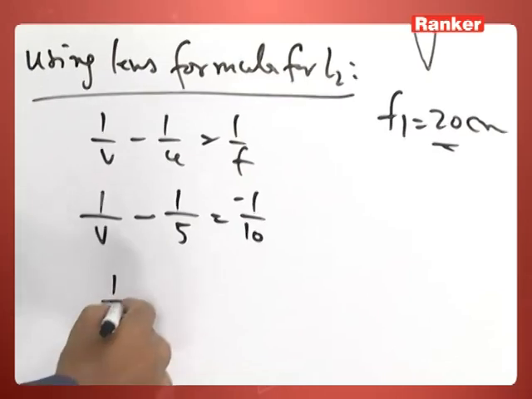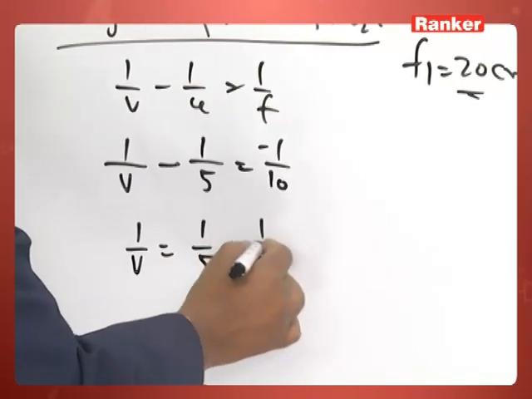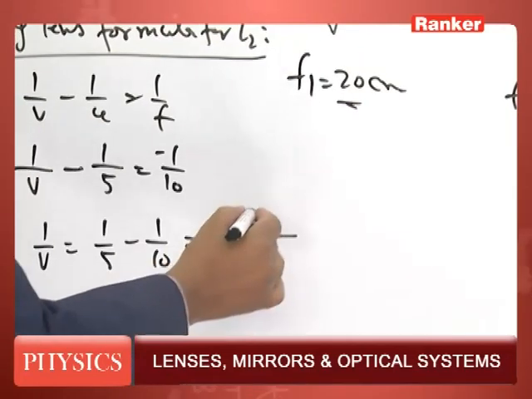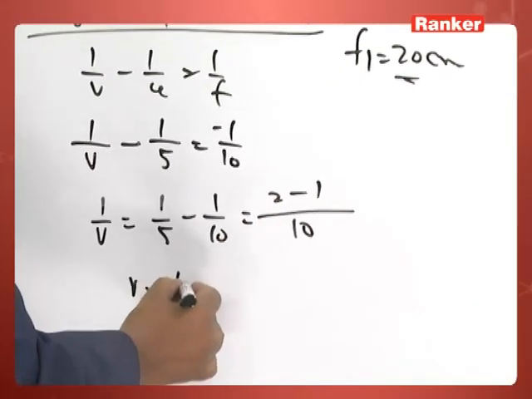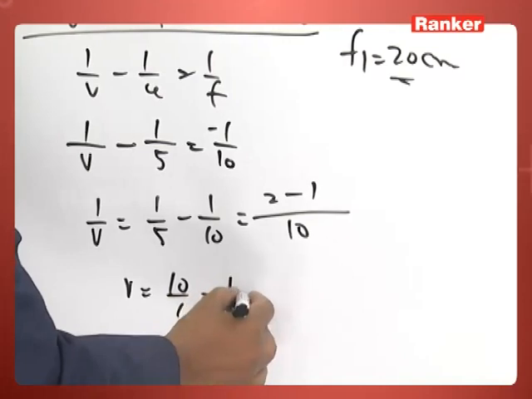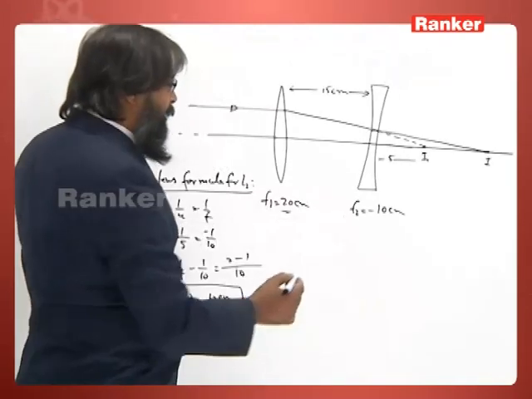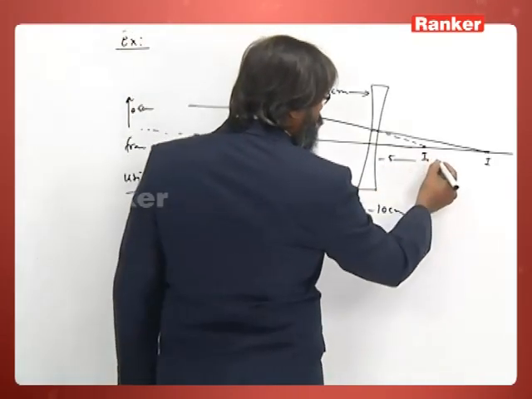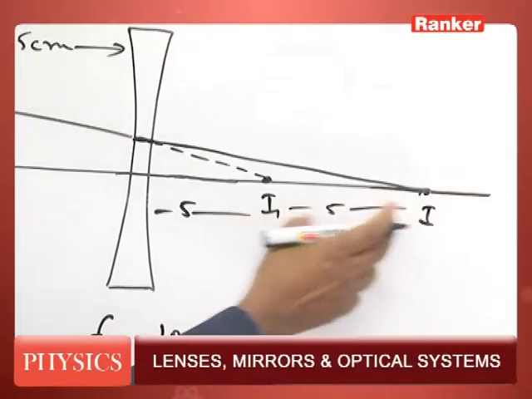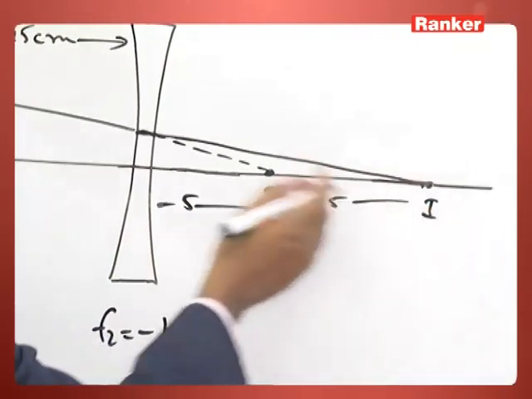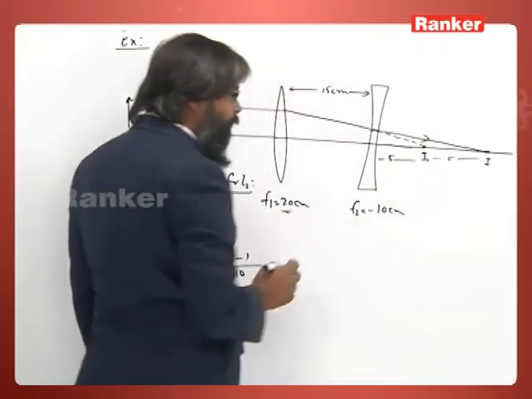So 1 by V is equal to 1 by 5 minus 1 by 10, that is 2 minus 1 over 10. So V is equal to 10 centimeter. So we got that again 5 centimeter from here, that means 5 plus 5, 10. So the final image is formed 10 centimeter from here.